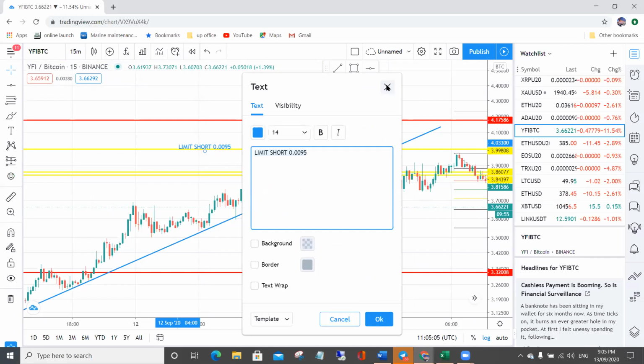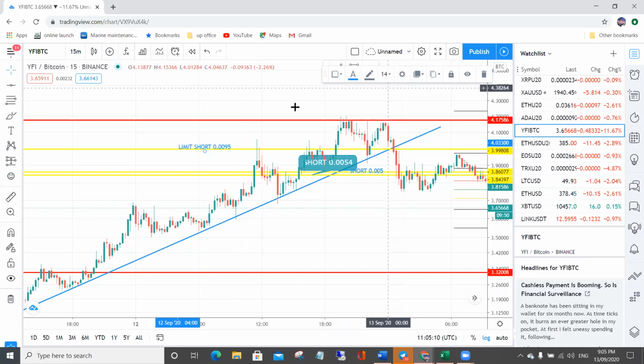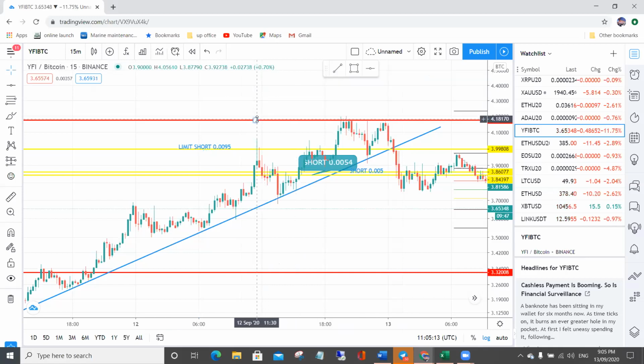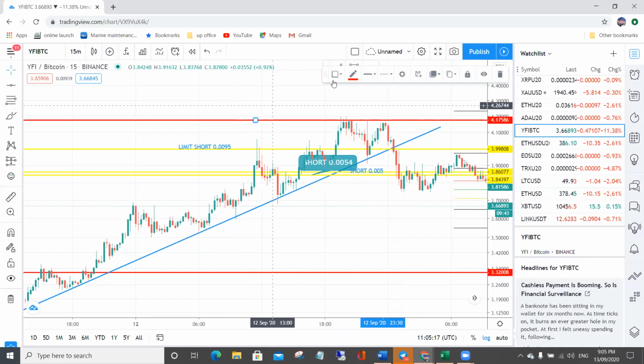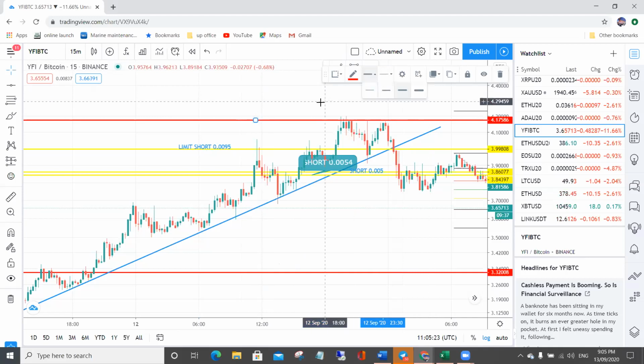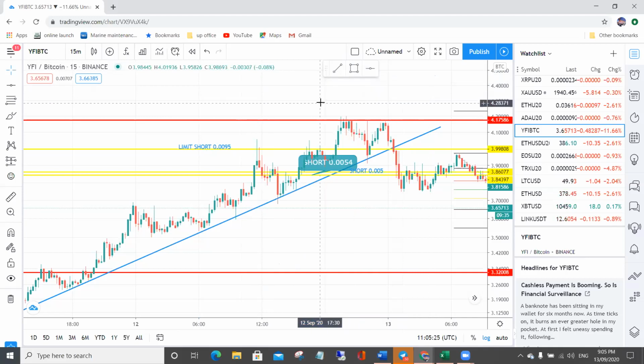And it's the same with TradingView. So this line of resistance here, if I just click on it, it brings up this. I could delete it, or I could change the colour, or change the thickness of the line, et cetera. Cool. Thank you.